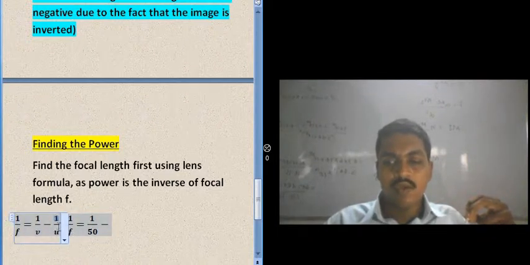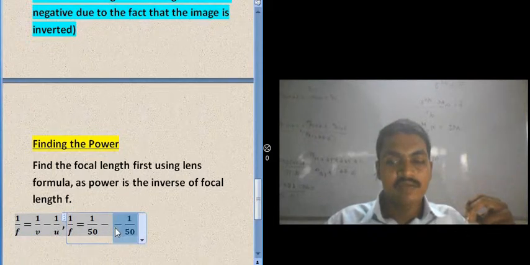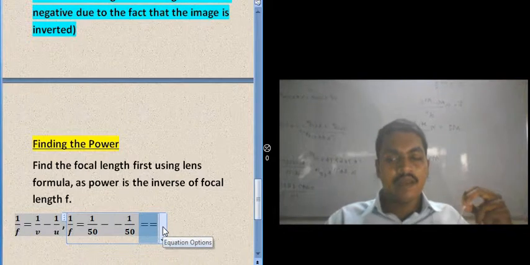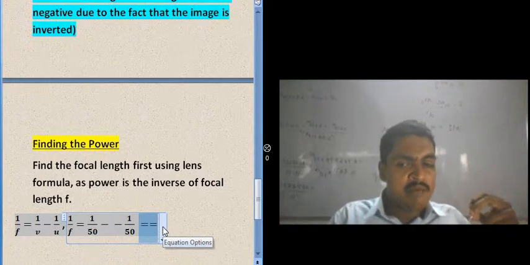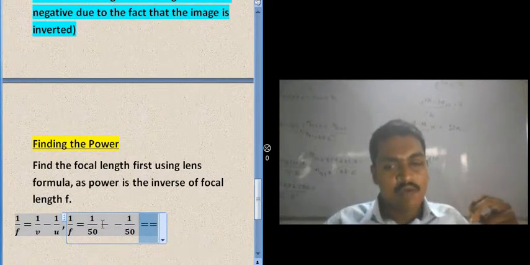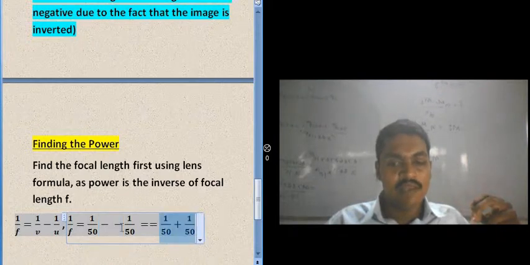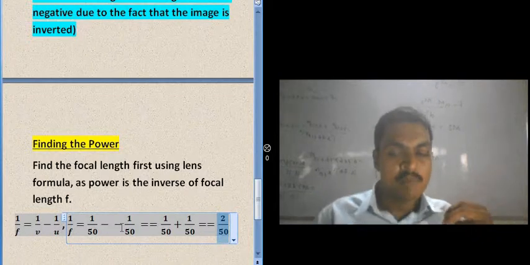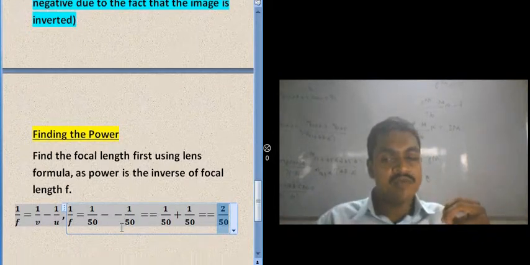So u is minus 50, so you have to write minus 1 over 50. So you will get 1 over 50 plus 1 over 50, because these two minus together will become the plus sign. So that is nothing but 2 over 50. So your 1 over f is 2 over 50.